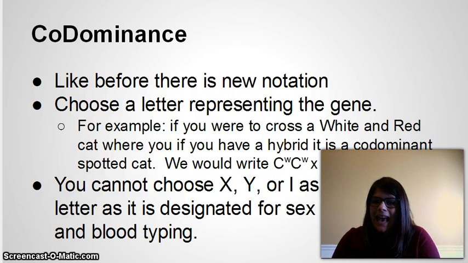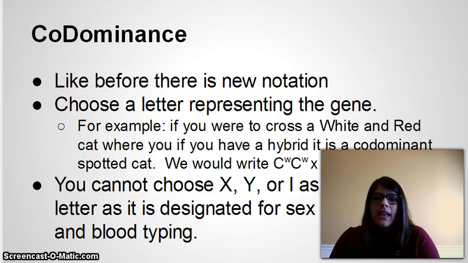So if we had a cat that we knew was either white or red or spotted due to codominance, in codominance you have two dominant genes, which are both expressed if you have the hybrid form. So we choose a capital letter. It might have to do with the cat's coat, so we have C.